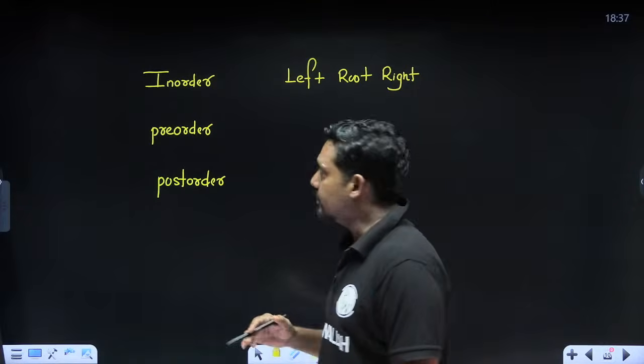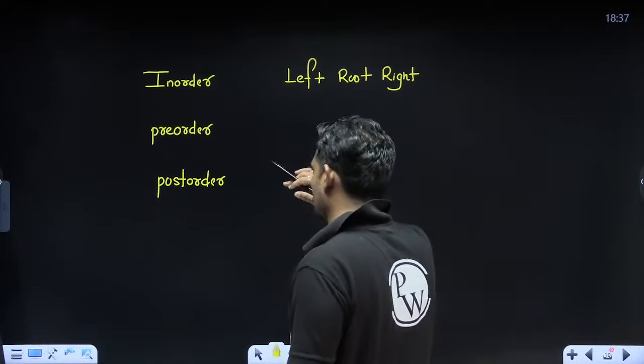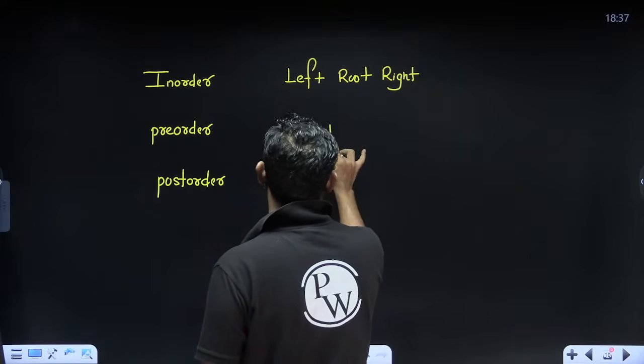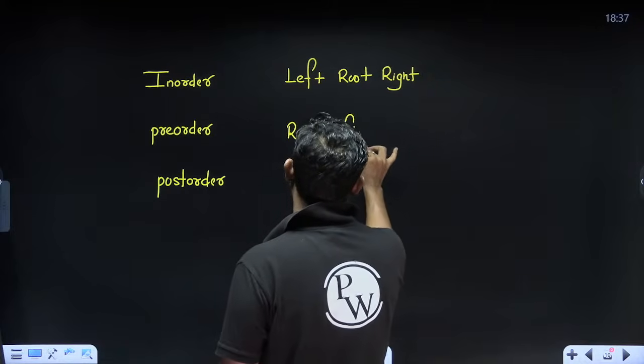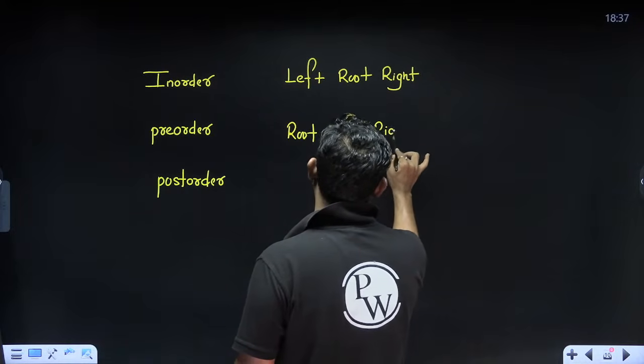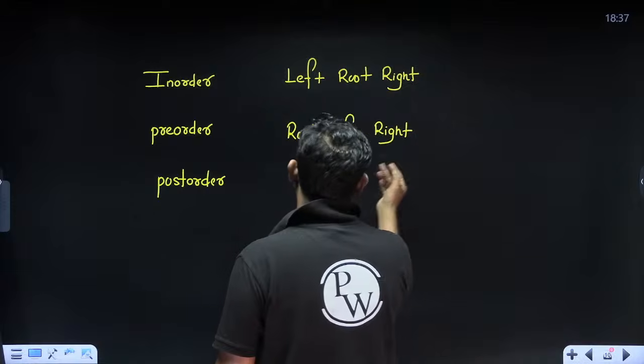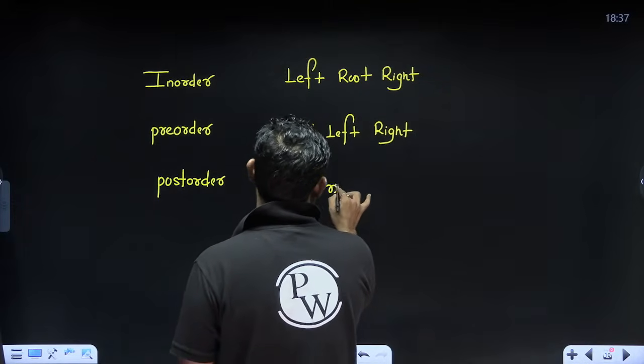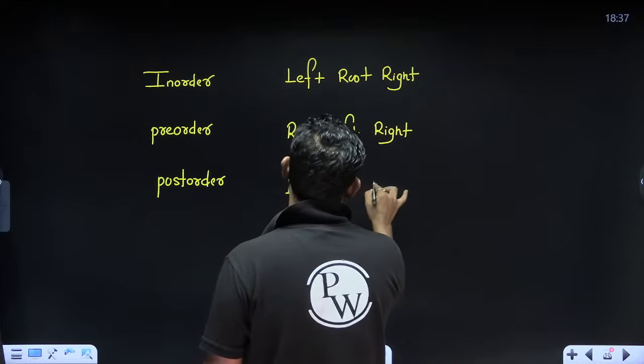Pre-order is root, left and right, and post-order is left, right and root.